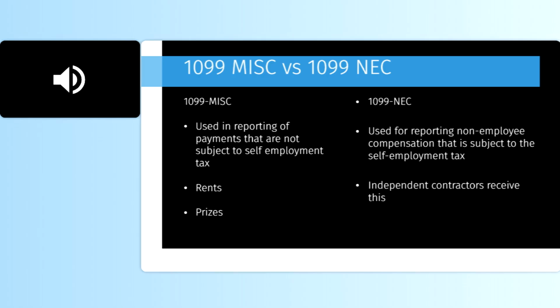1099 NEC will be more on the independent contractor side, which, probably unfortunately, we've seen really grow over the past 5 to 10 years, where a lot of companies don't want to hire people as employees because then they're more or less on the hook for the benefits, right? They have to cover most of the healthcare plans.